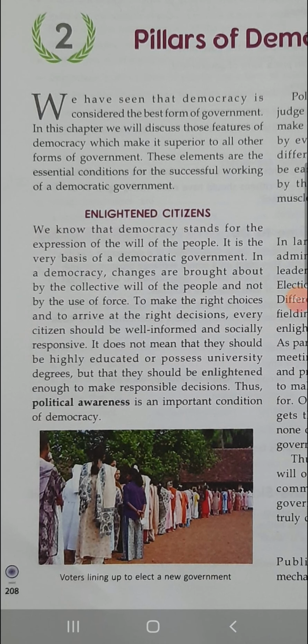To make the right choices and to arrive at the right decisions, every citizen should be well informed and socially responsive. It does not mean that they should be highly educated or possess a university degree, but that they should be enlightened enough to make responsible decisions. Thus, political awareness is an important condition of democracy.